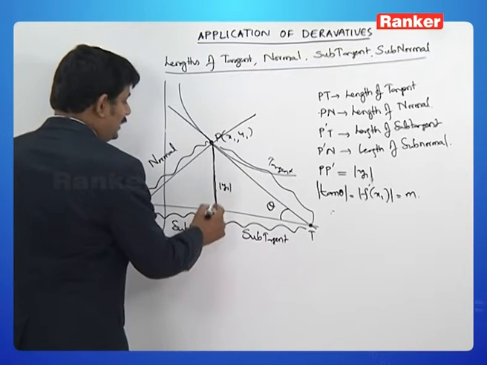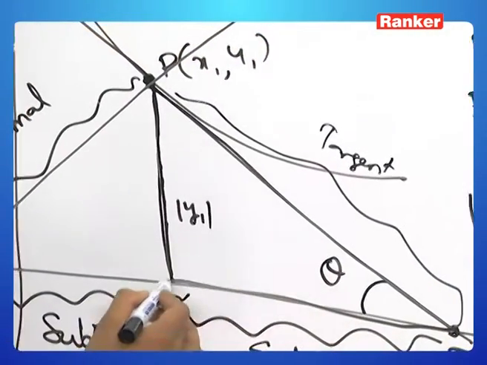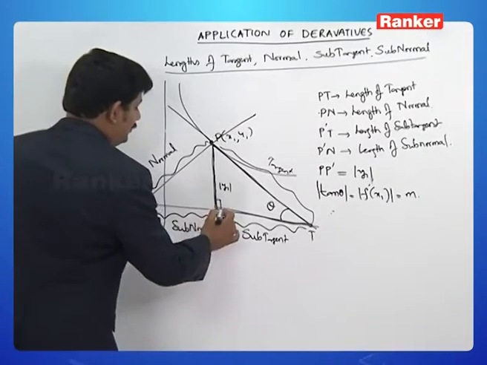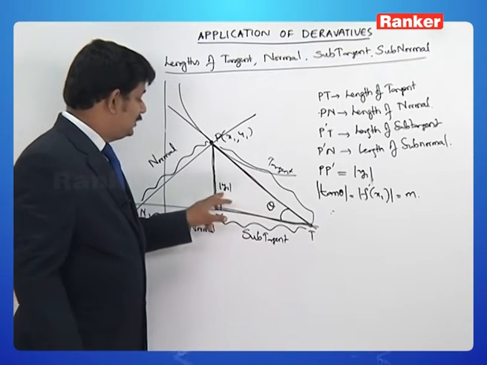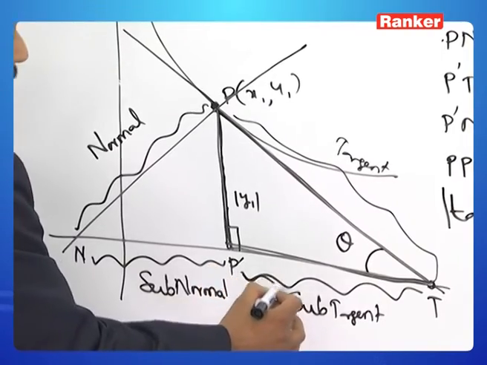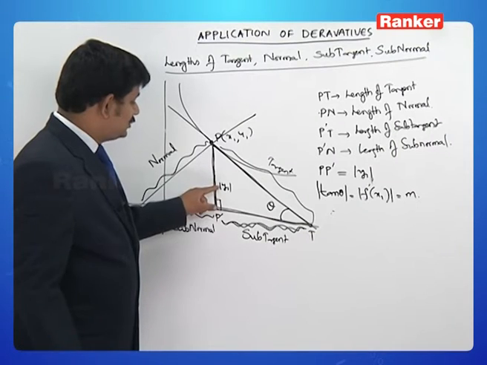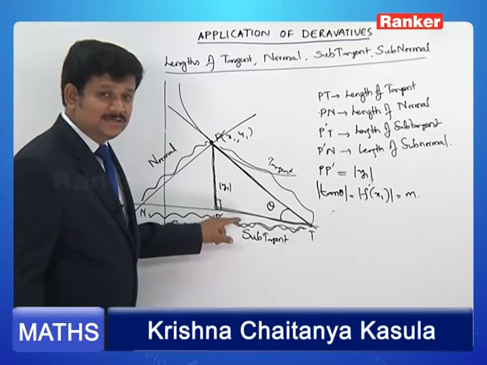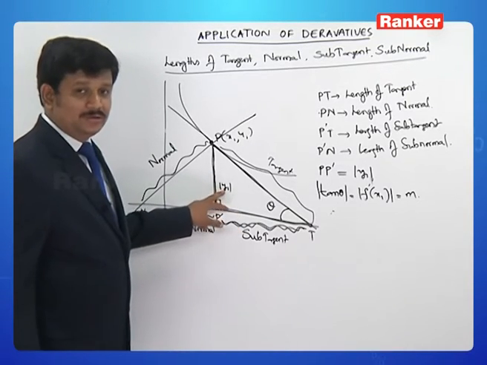Now if you look at the triangle PTP dash, it is a right angled triangle. We know side opposite to theta is mod y1. Tan theta is opposite side by adjacent side. So adjacent side is given by mod y1 into cot theta.